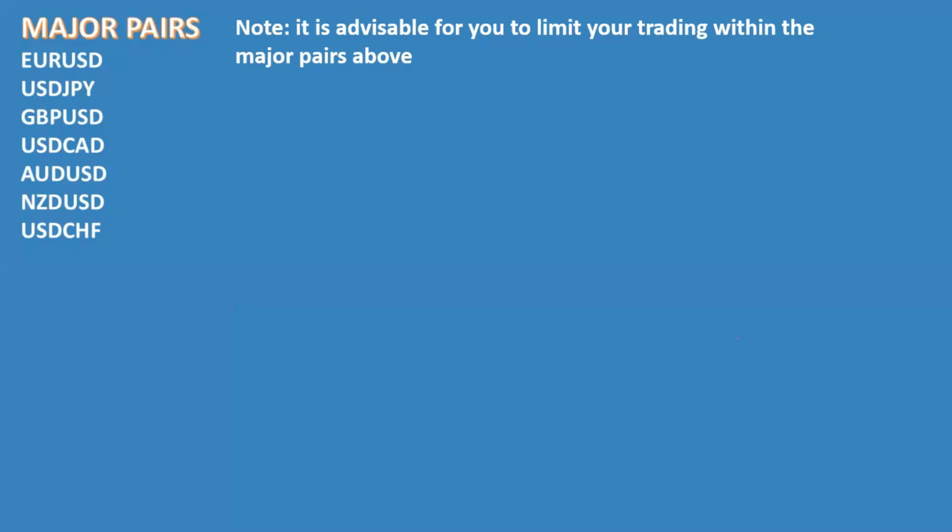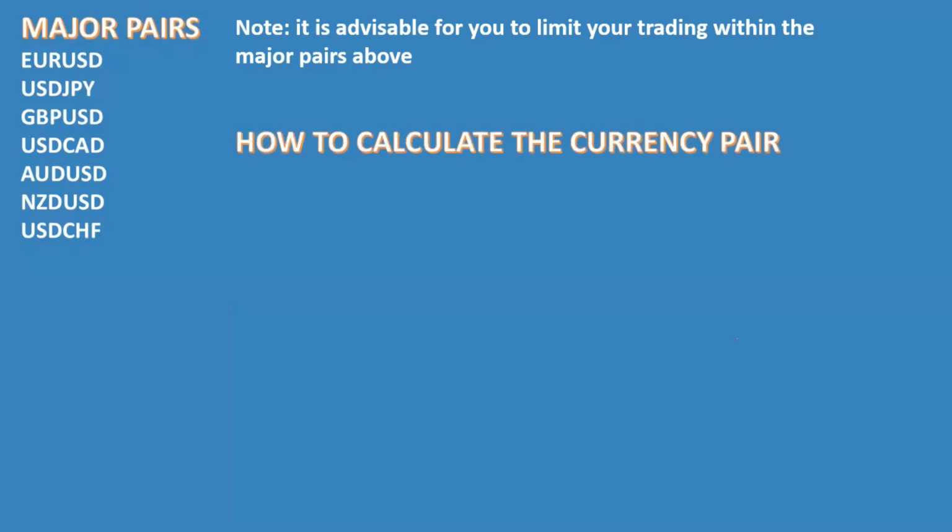Your TP, your take profits, can easily hit within the day or within the time you set it. But all these exotic pairs, some of them, their spread is very wide. Some brokers are not even offering it. Do you understand? So that's one of the disadvantages. So it's very, very advisable for you to limit your trading within the major pairs.